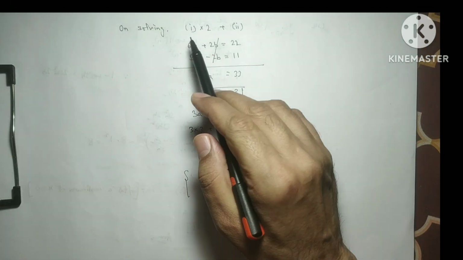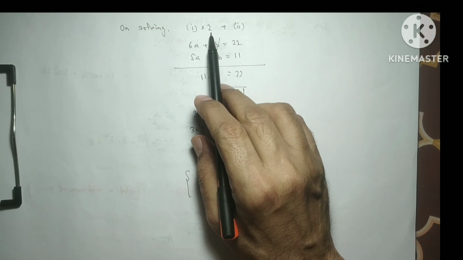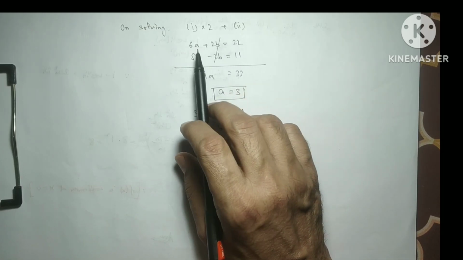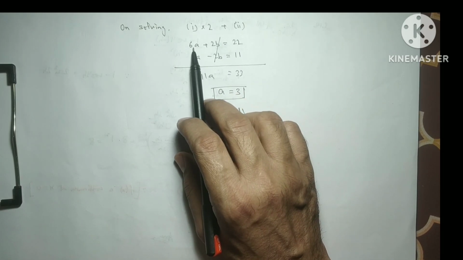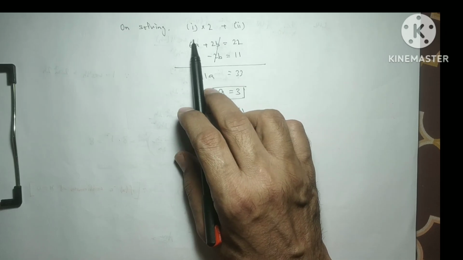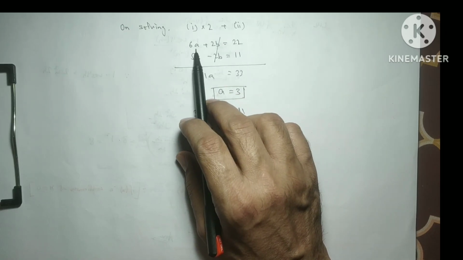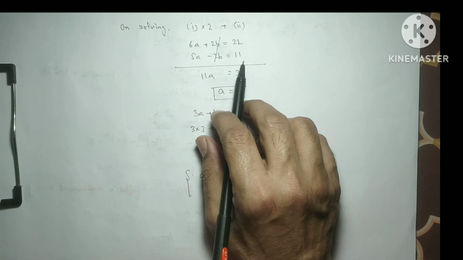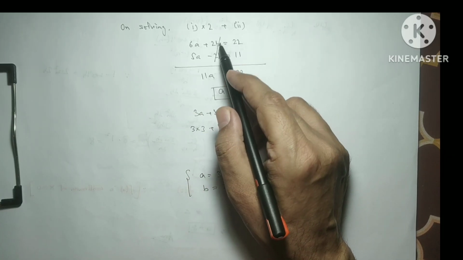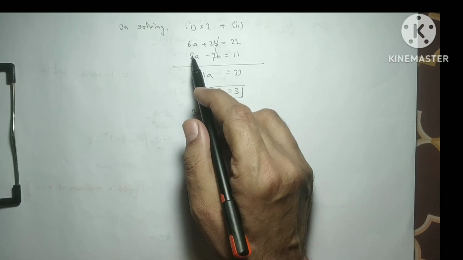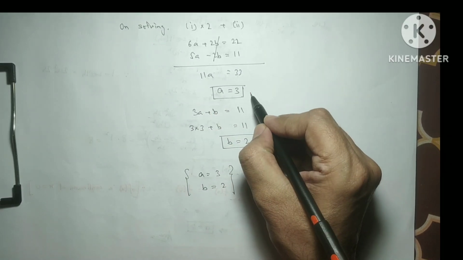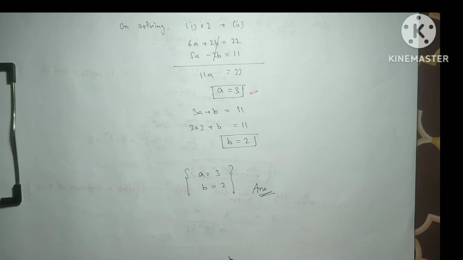When equation 1 is multiplied by 2, and we add the second equation to it, on multiplication the first equation gives 6a plus 2b equals 22, and the second equation is this. When we add these two equations, 2b cancels out, so this becomes 11a, and this is 33, so a is 3.